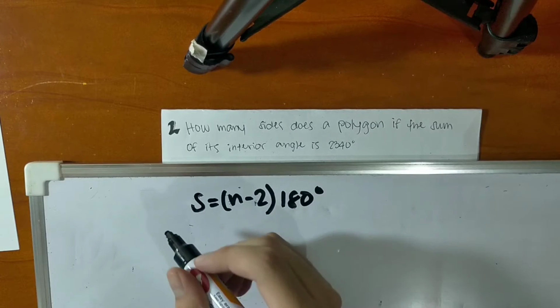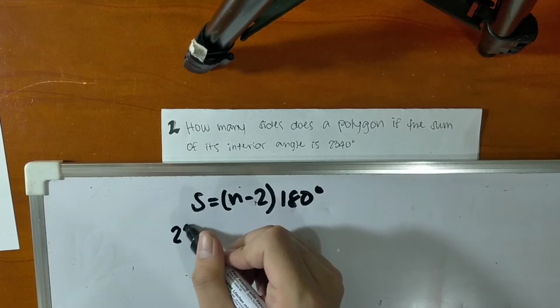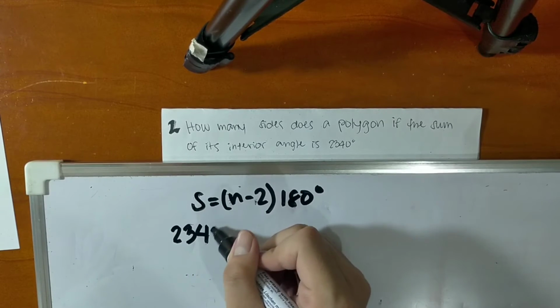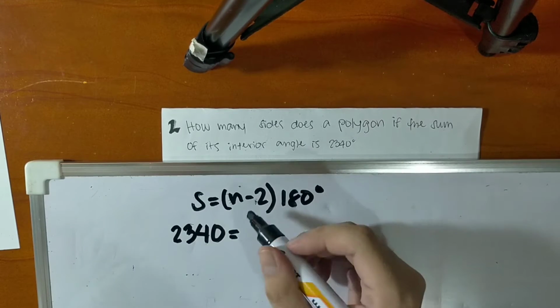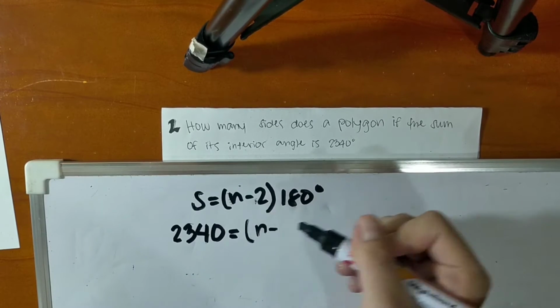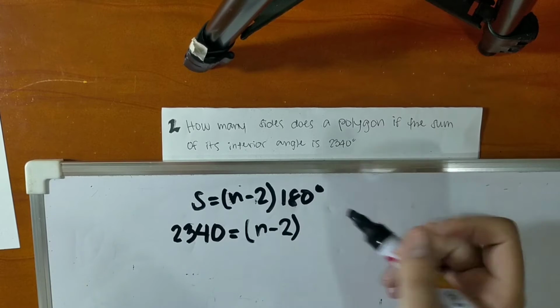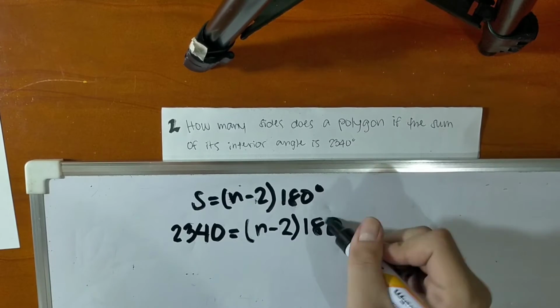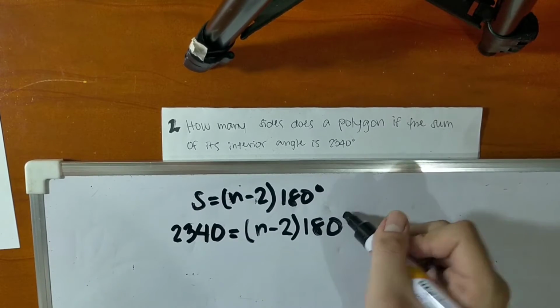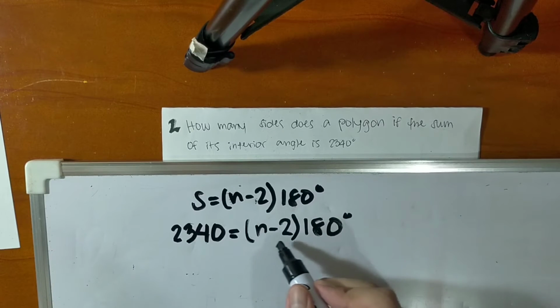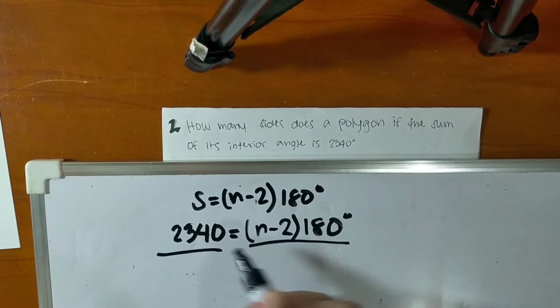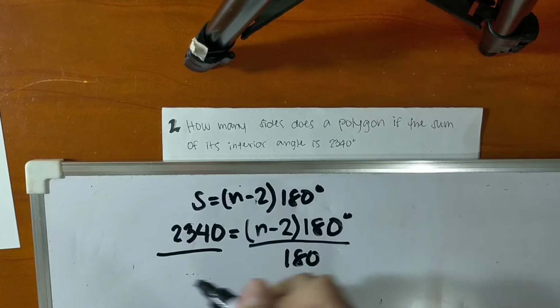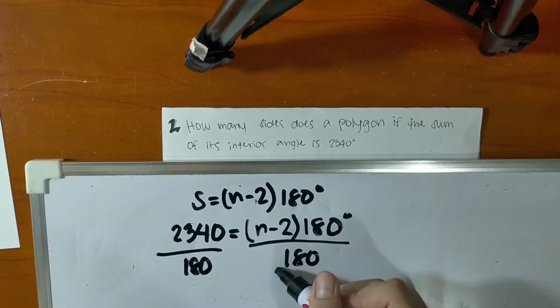So 2340 equals (n minus 2) times 180 degrees. We eliminate 180 to leave n minus 2, dividing by 180, crossing out because it's the same.